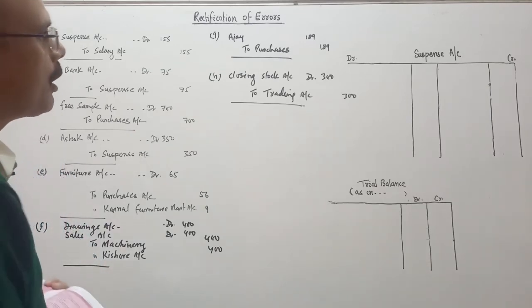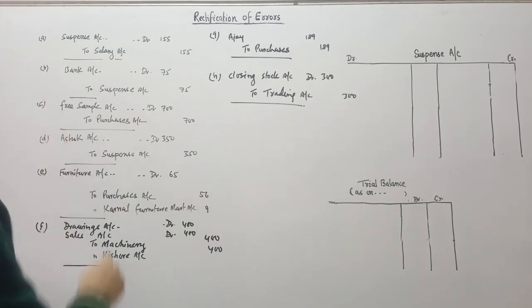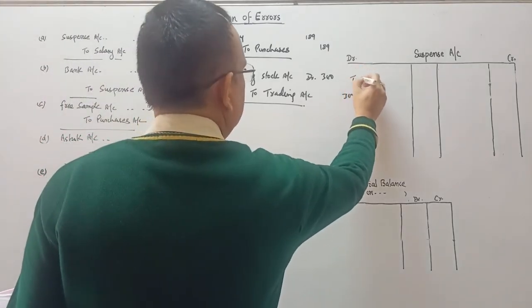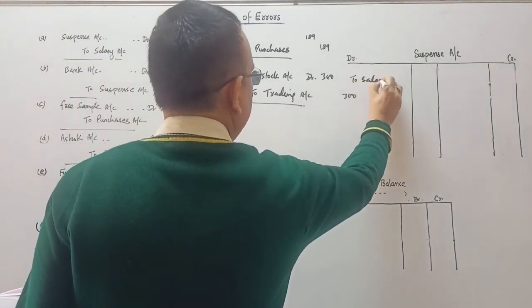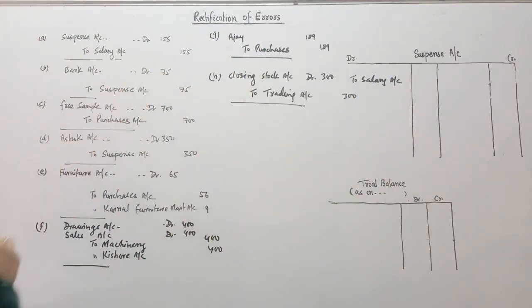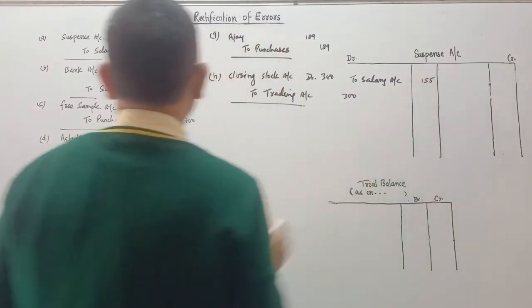Okay. Now come to the posting. Start posting of this journal. Suspense is on debit, so on the debit side we will do the posting to salary. Amount is 155.